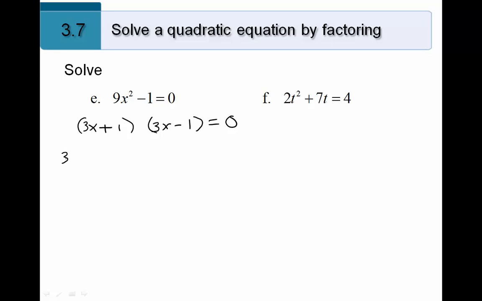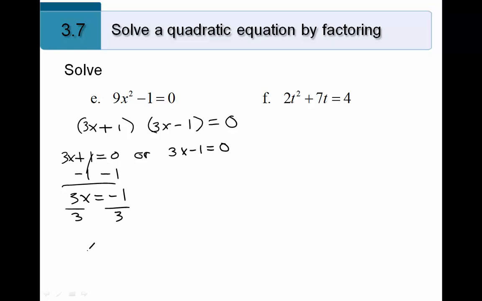So that means either 3x plus 1 equals 0 or 3x minus 1 equals 0. All right, let's solve each of these equations. I will subtract 1 from both sides here. So 3x equals -1. Divide both sides by 3.